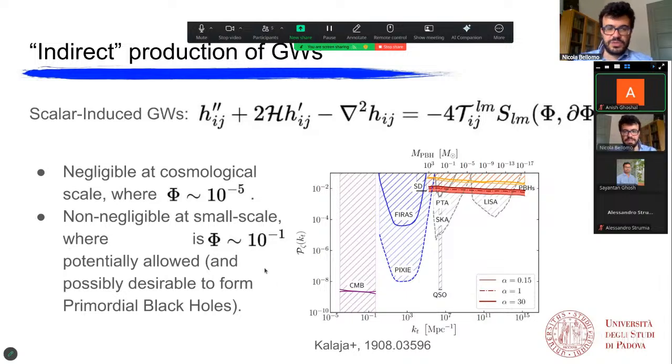And this sort of perturbation necessarily generates a gravitational wave background of scalar-induced gravitational waves that could be targeted both with PTA or with future interferometry like SKA.